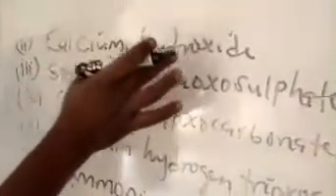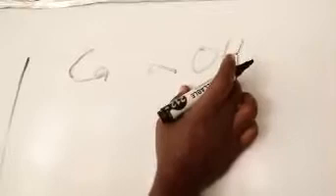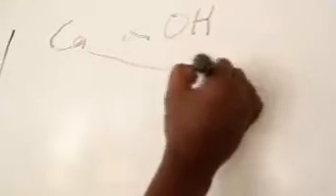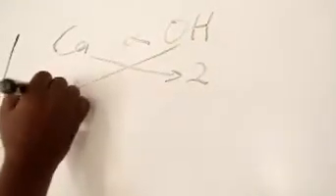Now, in example 2, you are asked to write the formula for calcium hydroxide. The element here is calcium, and the radical here is hydroxide. We bring down the symbol for calcium, and then this is the combination sign. Then we put on the formula for the radical. Now, we exchange their valencies. Calcium from our video 1 has a valency of 2, while hydroxide has a valency of 1.